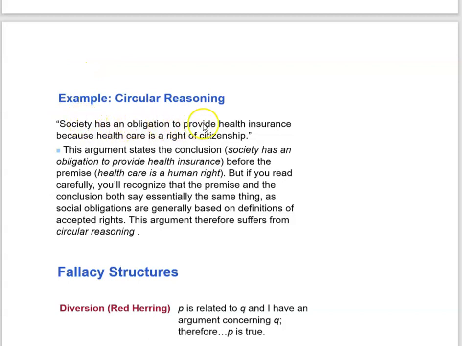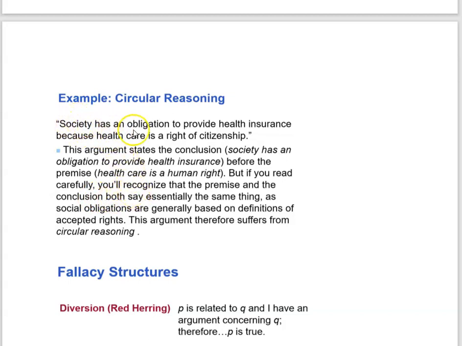Society has an obligation to provide health insurance because healthcare is a right of citizenship. Okay, so the argument states the conclusion, society has an obligation to provide health insurance, before the premise, healthcare is a human right. But if you read carefully, you'll recognize that the premise and the conclusion both say essentially the same thing.